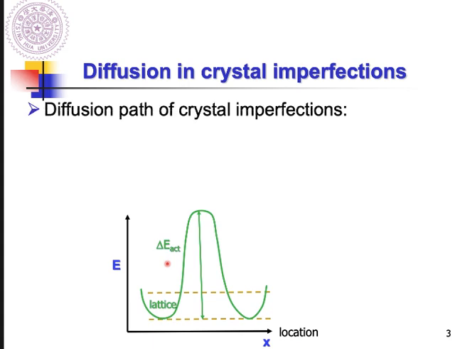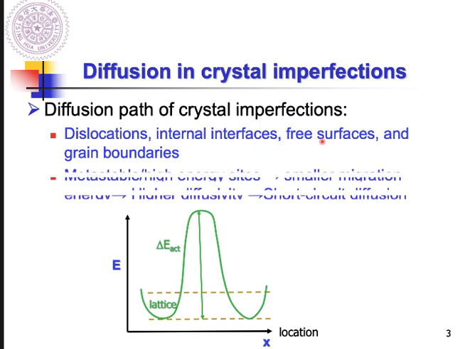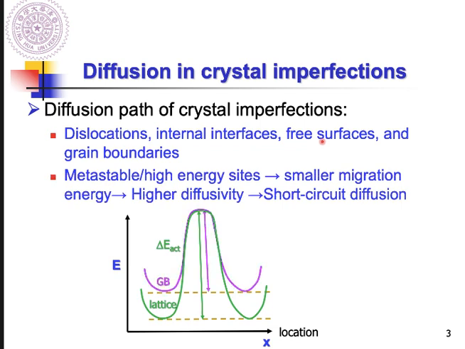But when we talk about diffusion at crystal imperfection sites, first of all, you need to know the diffusion paths of crystal imperfection sites include the dislocation, the internal interface between two phases, the free surface, which is the surface of the materials, and the grain boundary. So in this case, we take the grain boundary as an example.